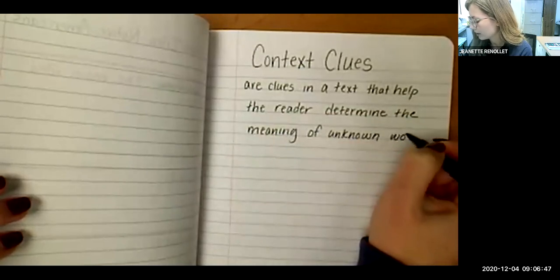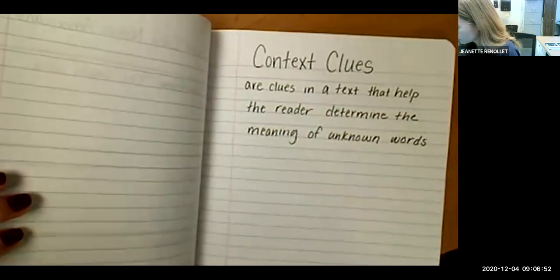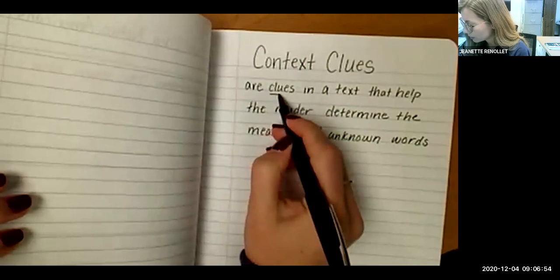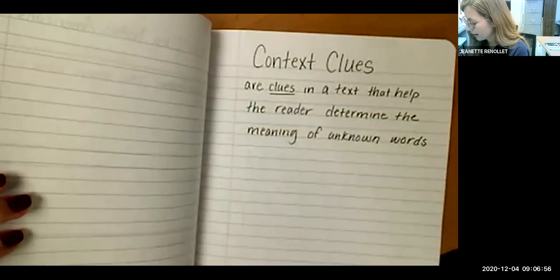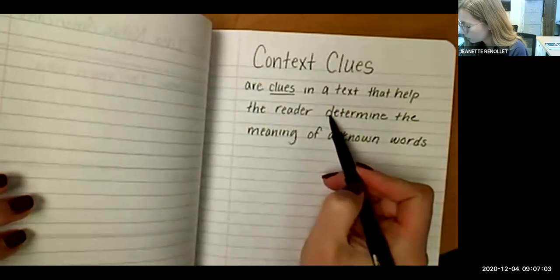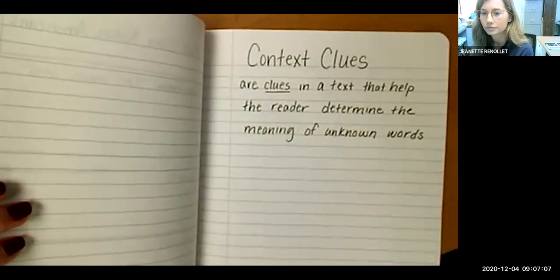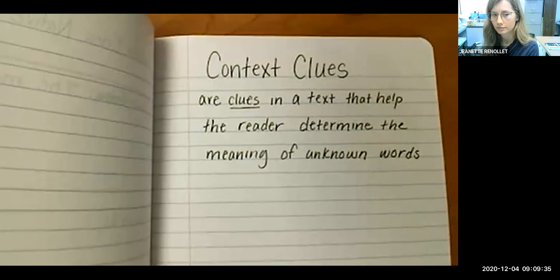We will pause there and give you time to catch up. Context clues are clues in a text that help the reader determine the meaning of unknown words.